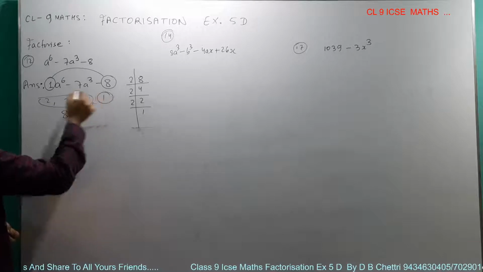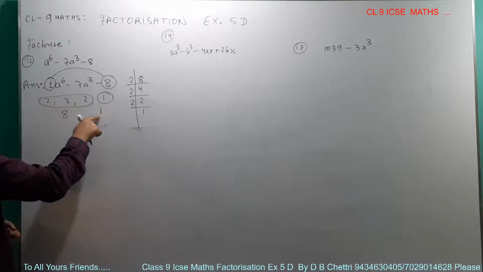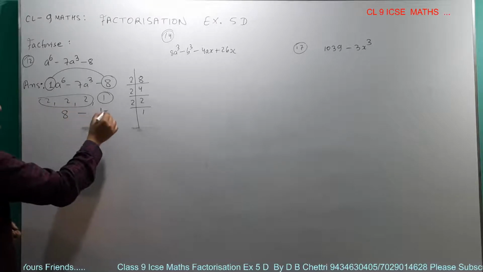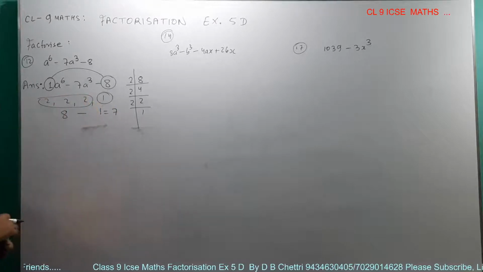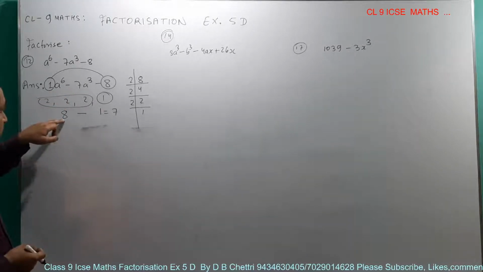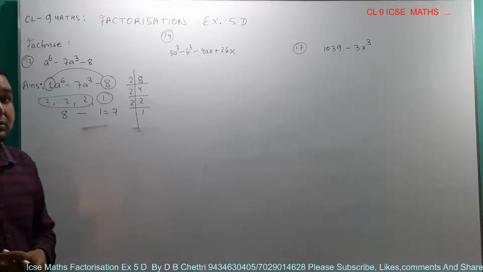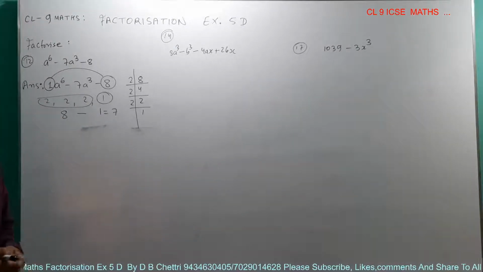Then the one single is 1. Now 8 and 1 are there, and 8 minus 1 is 7. That is the middle term splitting. This is the basic rule of trinomial factorization.